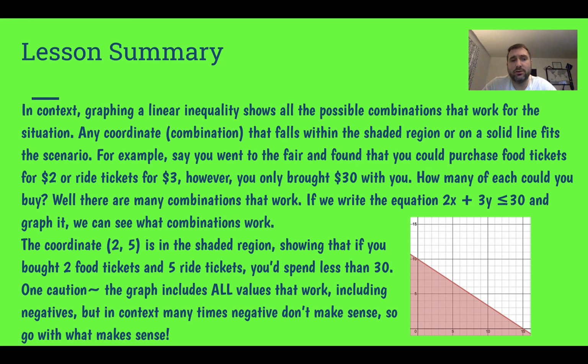So the coordinate (2, 5), meaning 2 food tickets and 5 ride tickets, is in that shaded region. So if you bought that combination, you would spend less than $30. In fact, you'd only spend $19, which is definitely less than $30.